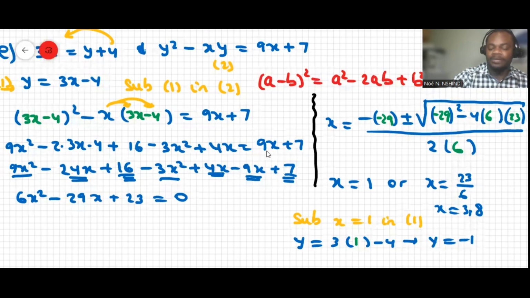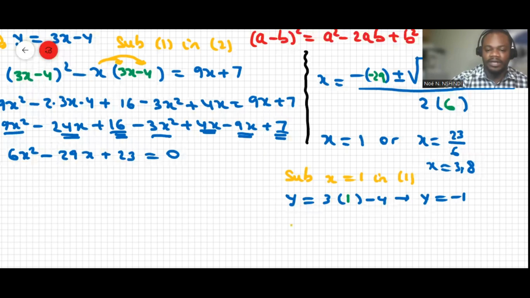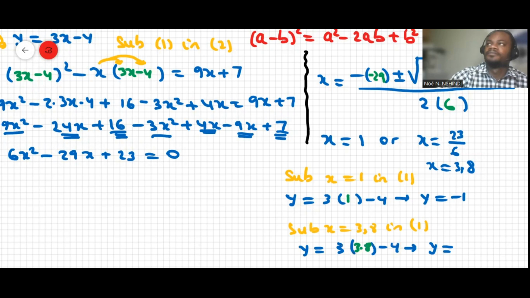We continue the same thing over here. Sub x equal to 3.8 in 1. That's going to be y equal to 3x minus 4. That means y equal to 3 times 3.8, that's going to be 11.4. 11.4 minus 4 is 7.4.